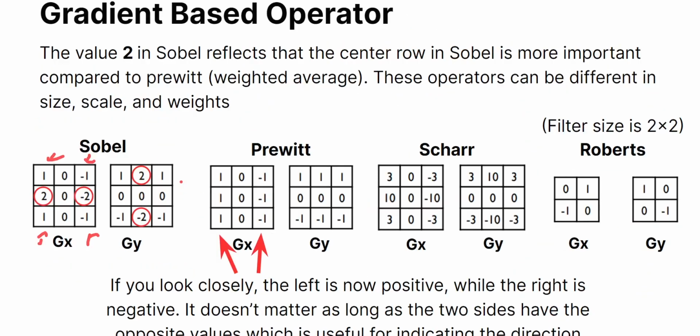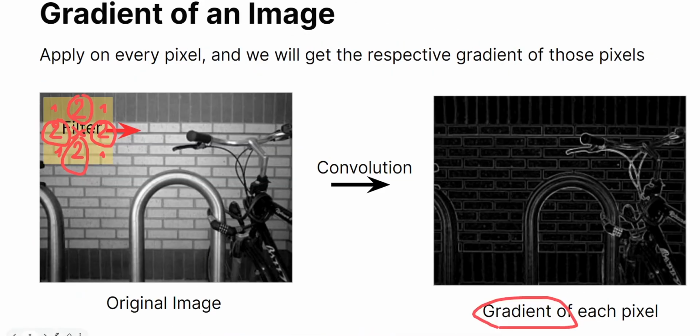It's going to be based on different types of operators. If you look at the Prewitt operator right here, it will treat every value the same, it doesn't have the number 2s like the Sobel. So if we go back to here, everything is 1, so it will treat the left neighbor, right neighbor, up neighbor and down neighbor the same.